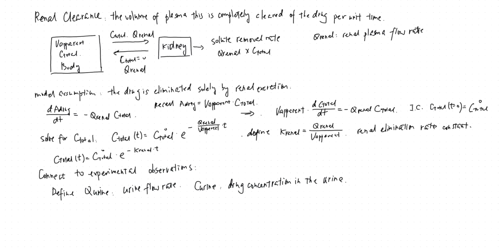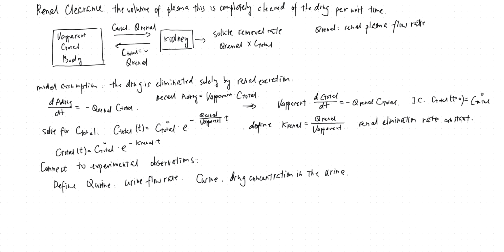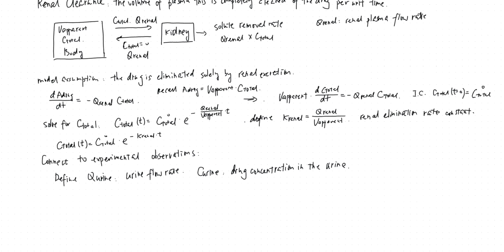Okay, so you can imagine that what's being eliminated or removed by the kidney should be the same as what you would measure from the urine. So that means Q renal multiplied by C total, this is just a solute removal rate, should be the same as the rate of drug appearing in the urine.